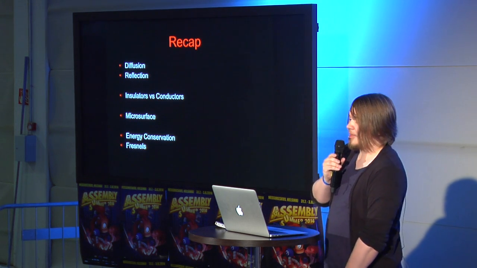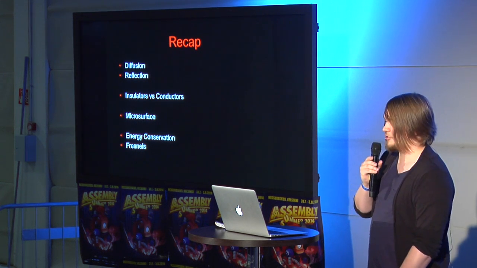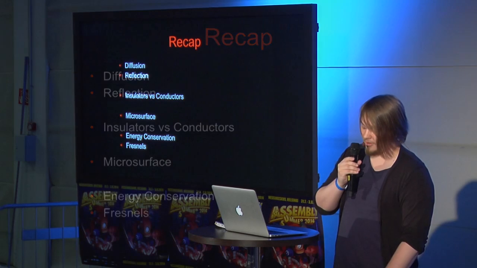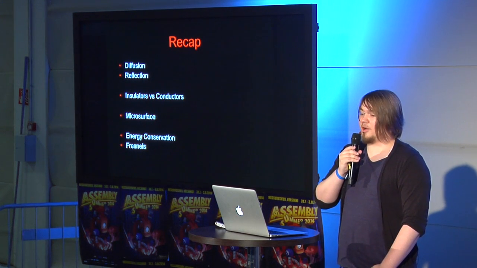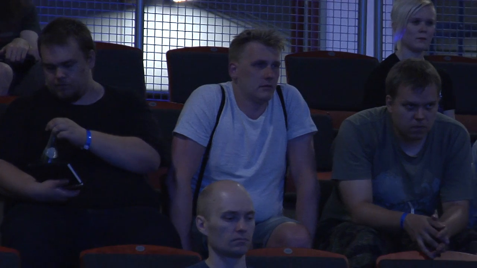So to recap that basic theory, what happens when light hits an object. So we have diffusion. Some of the light goes inside the object, scatters around, and bounces off in multiple different directions. And this defines the color and the albedo of the surface. Then we have reflection, which is the bright specular reflection that bounces straight off the surface. And the material defining into insulators and conductors.